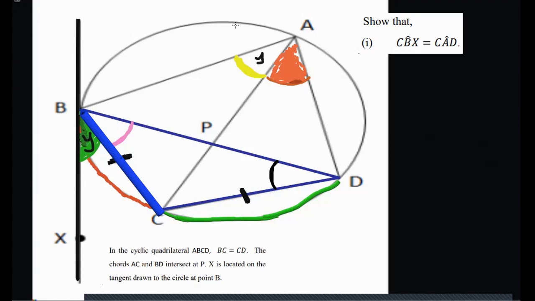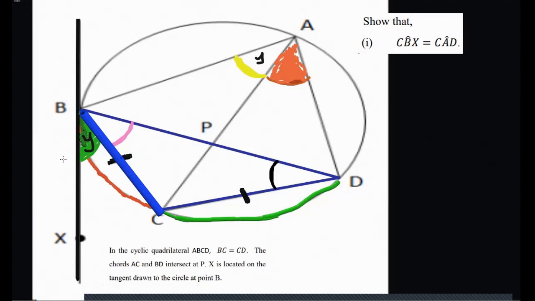Alternate segment theorem. So what does the alternate segment theorem say? If a chord is participating to make an angle with the tangent, and if the same chord subtends an angle at the circumference in the opposite segment, then they are equal.